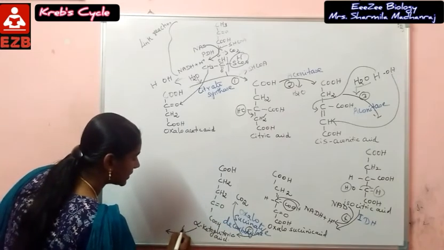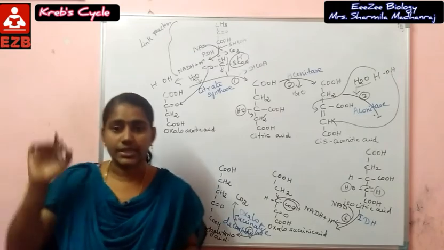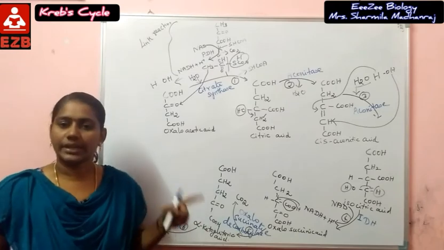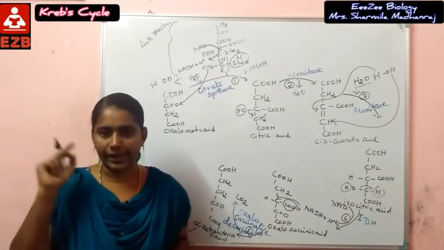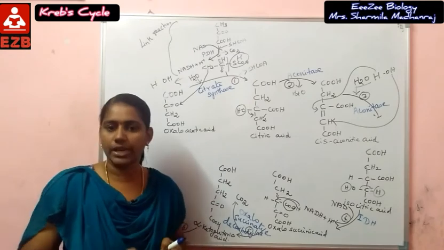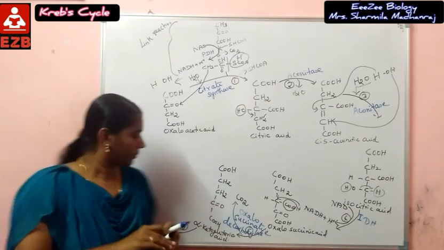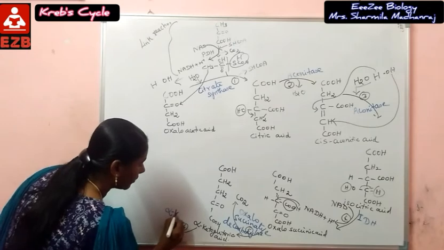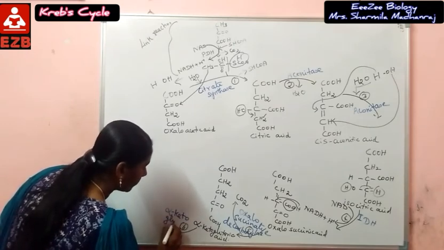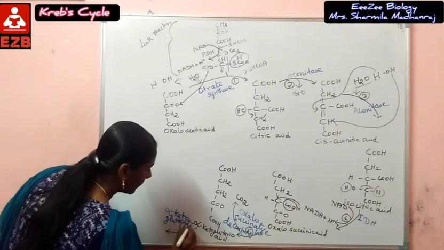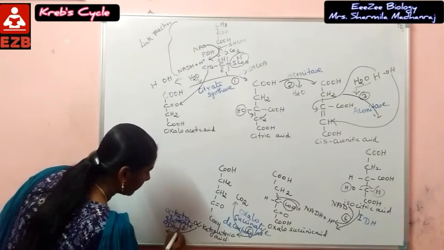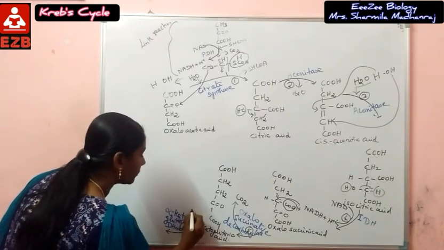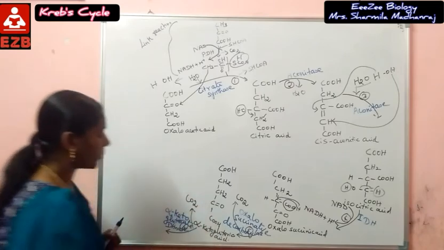Next, sixth step. In the sixth step, alpha ketoglutaric acid is converted to succinyl-CoA. Here, the alpha ketoglutarate dehydrogenase enzyme acts. In this step, oxidation and decarboxylation take place. Decarboxylation is the removal of carbon dioxide.